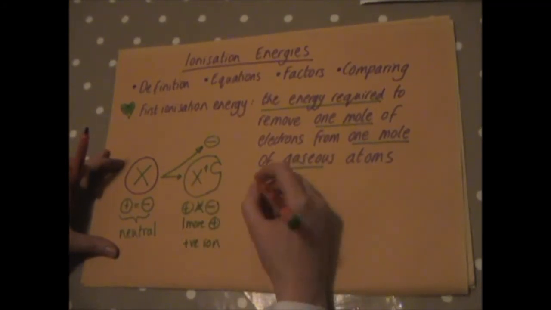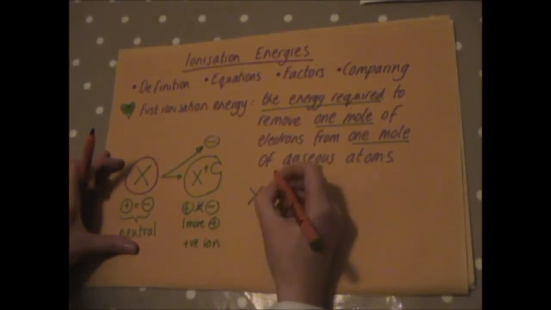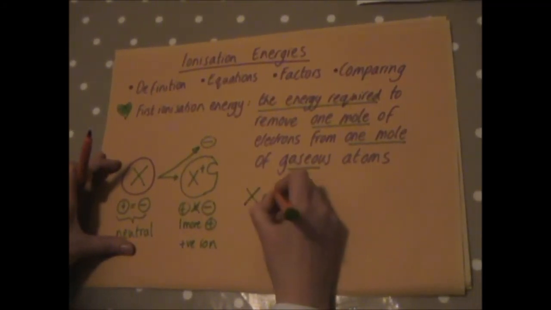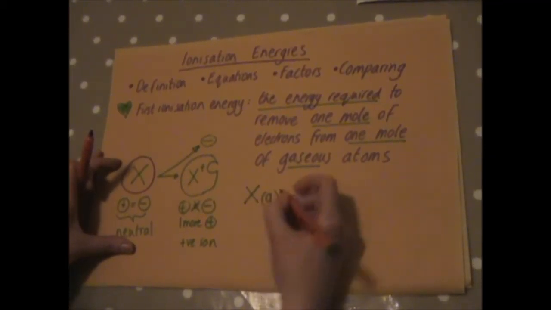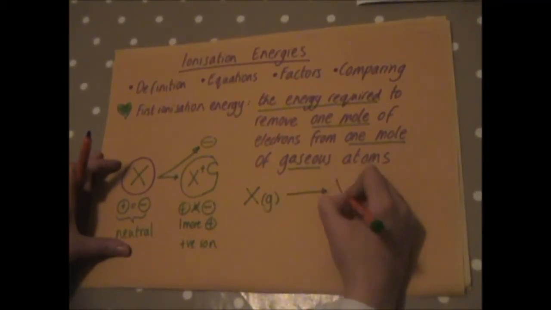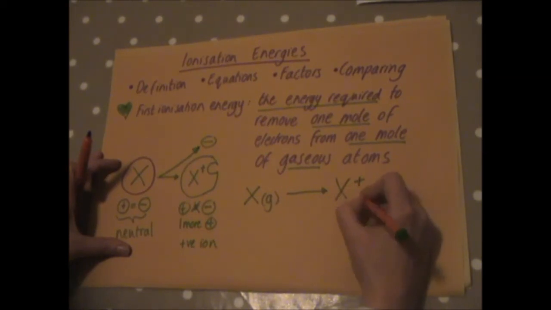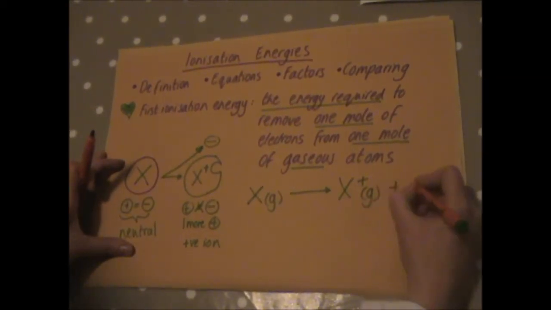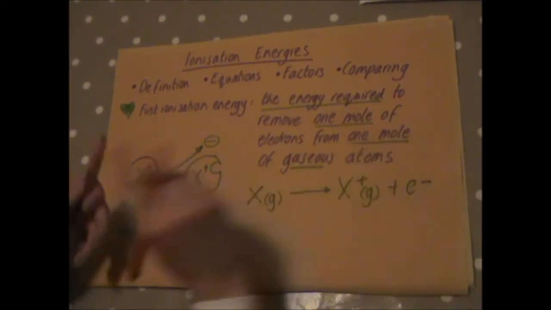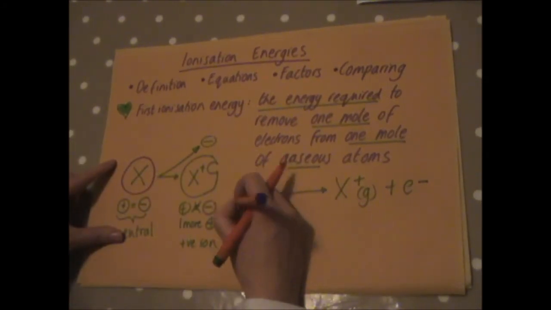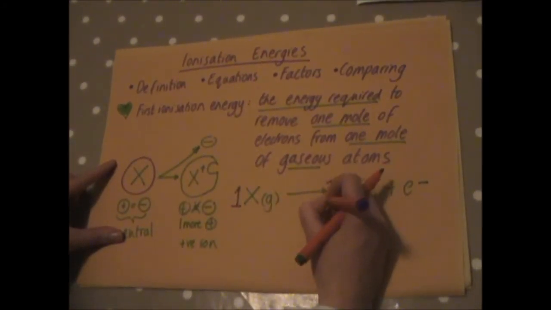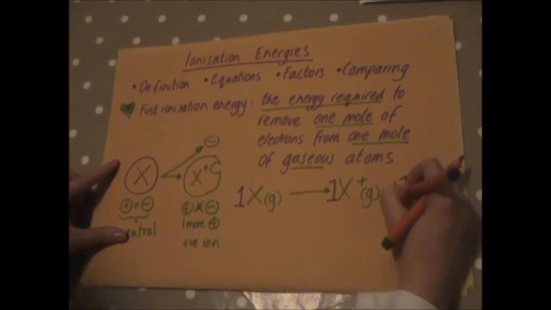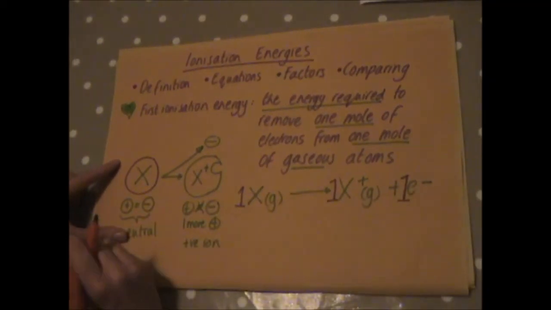Okay, so let's do an example of this. So this would be X, which is a gas, becoming X plus, still a gas, and an electron. Now we actually have 1 mole of X, and we've made 1 mole of positive ions and 1 mole of electrons.